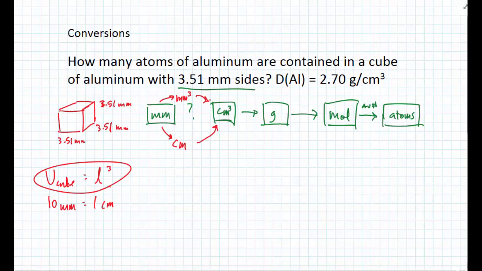You cubed it. Yep. Cube root of both of them in order to figure out one side. If you were given the volume in millimeters cubed, yep, you could do the cube root to get the length of one side. Yep, that's the inverse of what you did there.